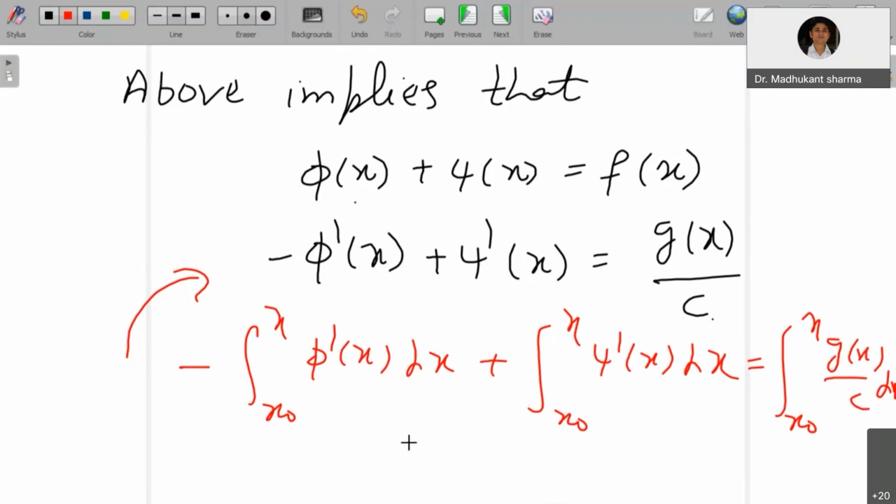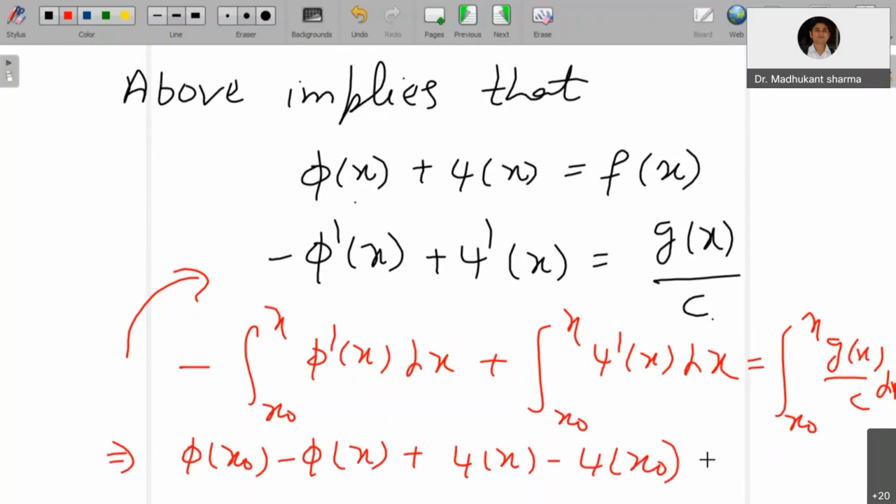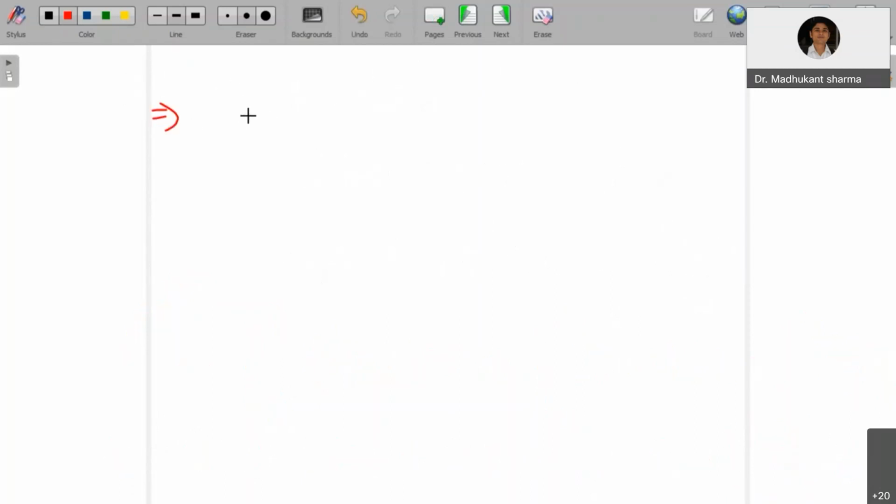Now use this. You know these are antiderivatives, right? This is straightforward. This is going to be phi of x naught minus phi of x plus c of x minus c of x naught is equal to integration x naught to x g of x by c dx. Now you further simplify it. This implies you have minus phi of x plus c of x.